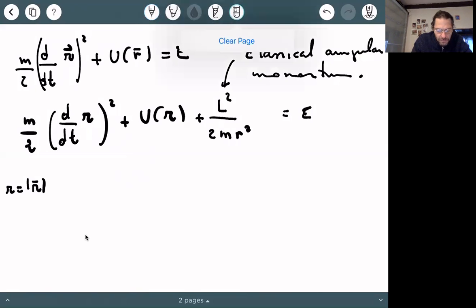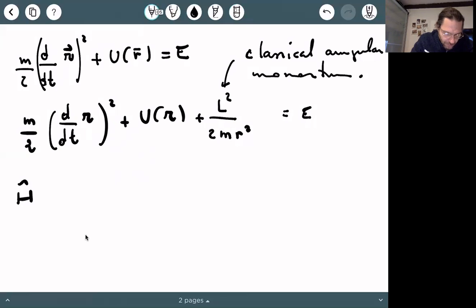Now, when we translated this approach to the quantum level, of course, we have to use a quite significantly different language. Instead of the energy, we look at the quantum Hamiltonian.